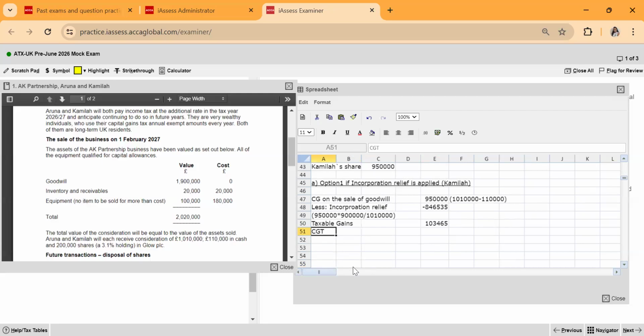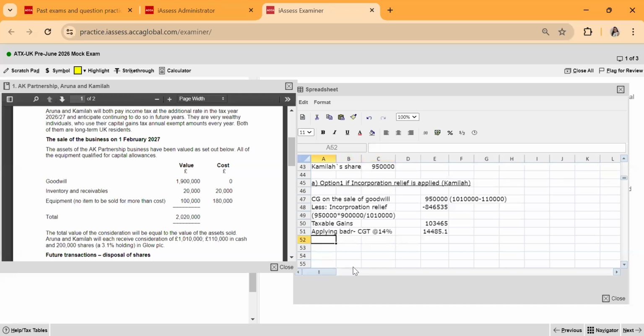Applying BADR, my CGT will be taxed at 14%. So simply you take this multiplied by 14%. I get 14,485. So 14,485 becomes my tax liability here. Okay? Clear?